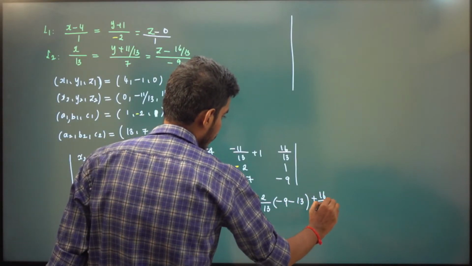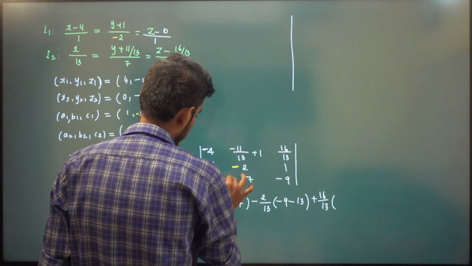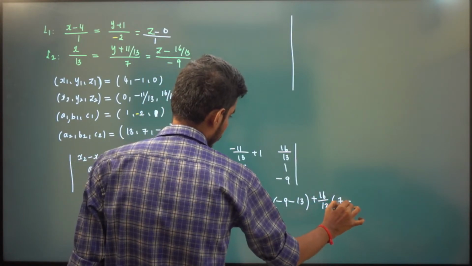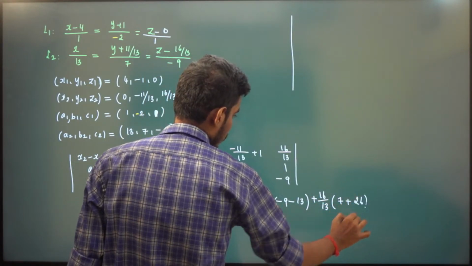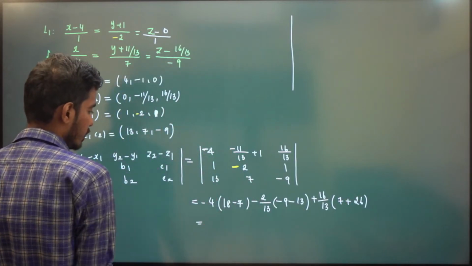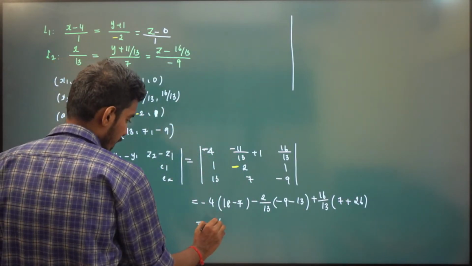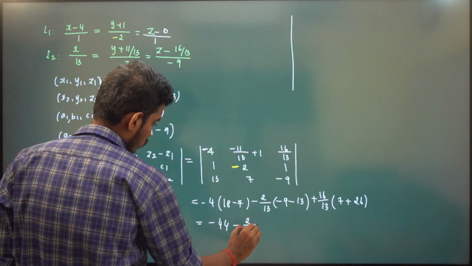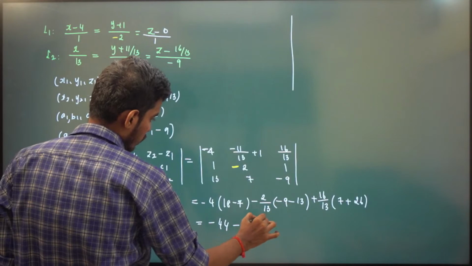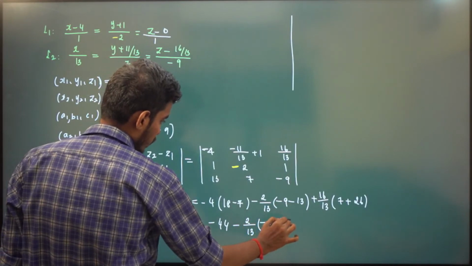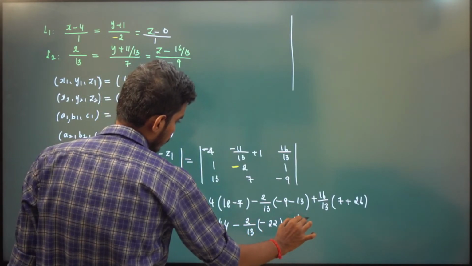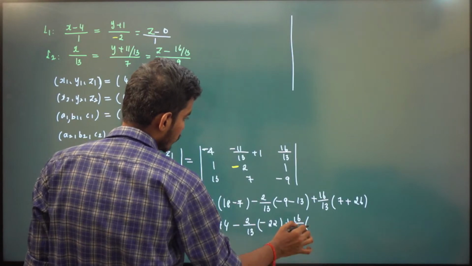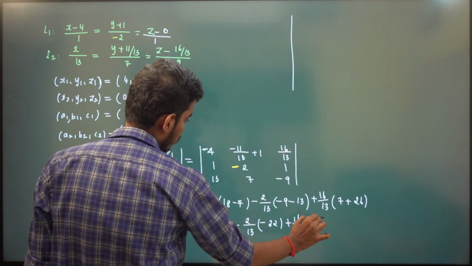Plus 16 by 13 into 7 plus 26. So 18 minus 7 is 11. This will be minus 44, and this will be minus 2 by 13 into minus 22 plus 16 by 13 into 26 plus 7 is 34.